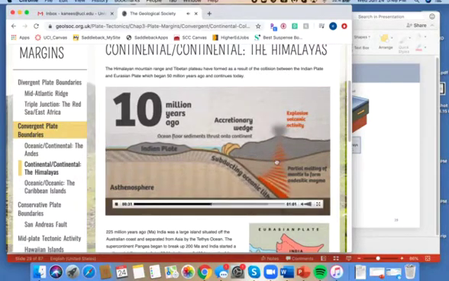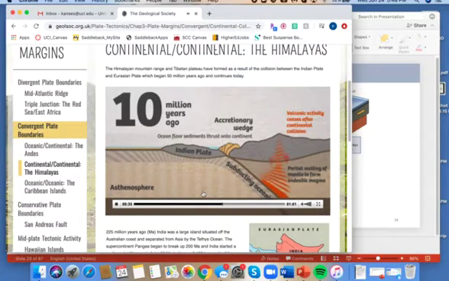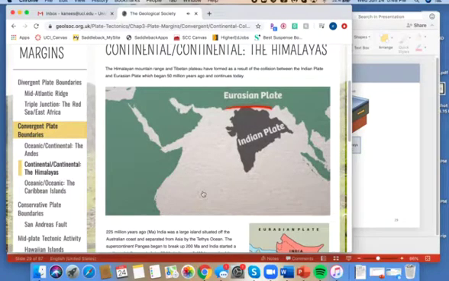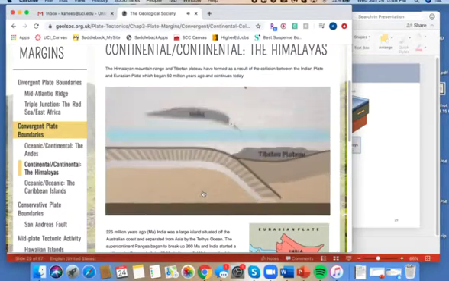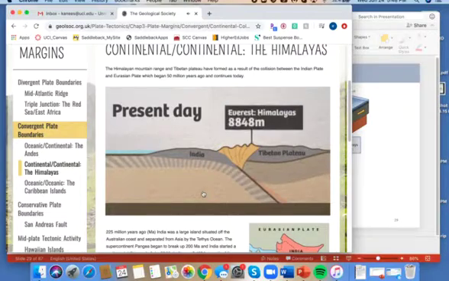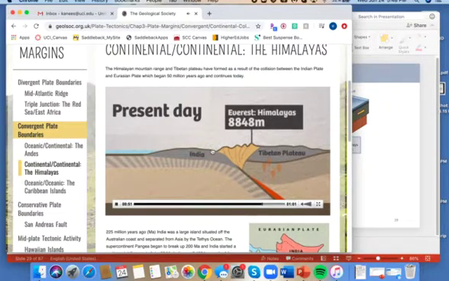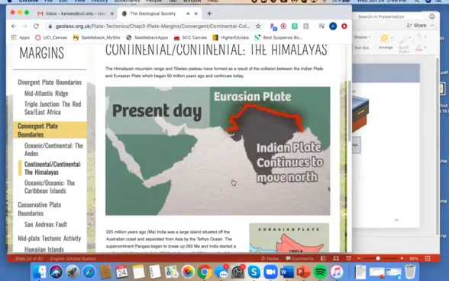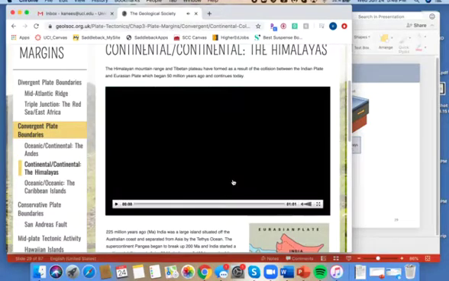We have some mountains being created here from that subduction. It then becomes a continental to continental collision. So the subduction stops because this continental crust cannot sink down. So what happens is this material just continues growing upwards, creating the highest peaks we have on Earth.